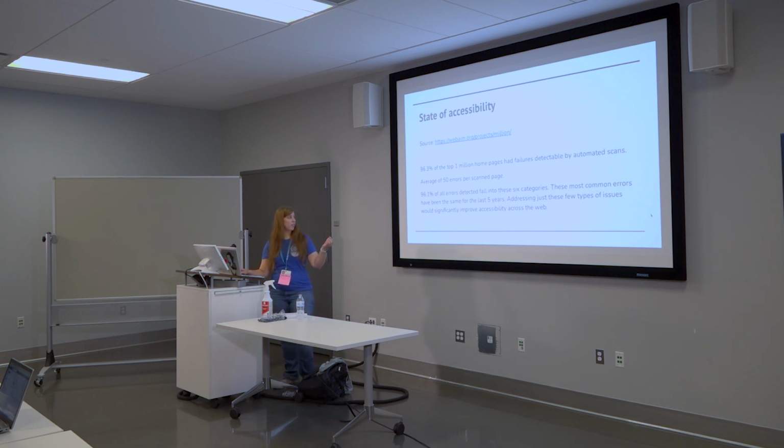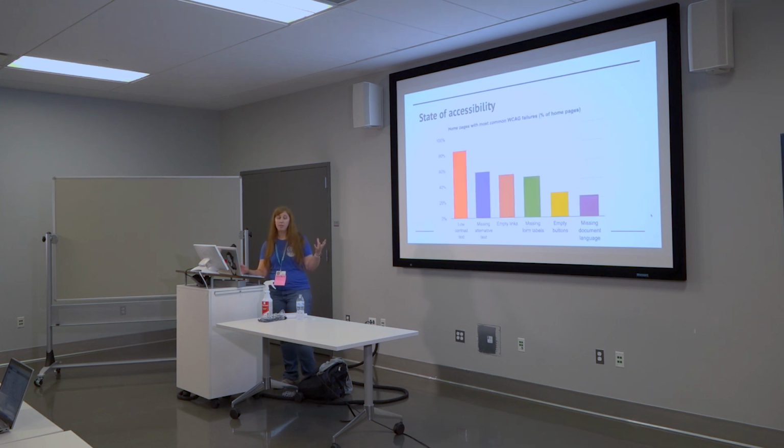So of these errors, nearly all of them fell into 6 categories, and this has maintained very consistently for the past 5 years. The biggest problem on the internet is low contrast text, which is why I always harp on it, because it's that very light text on white background, dark text on a dark background. You just can't read it.